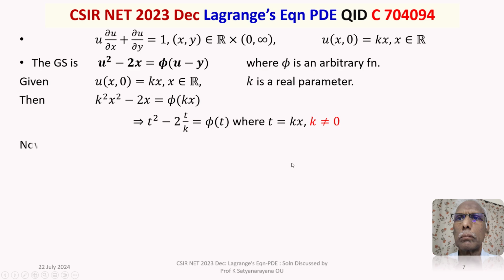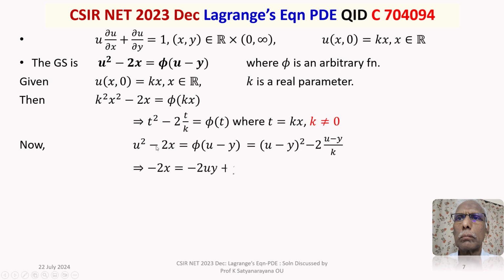Now go to the general solution: u² − 2x = φ(u − y). φ(t) is t² − 2t/k, so put t = u − y. So (u − y)² − 2(u − y)/k. Now expand (u − y)²: u² − 2uy + y², and the u² on the left hand side will cancel.